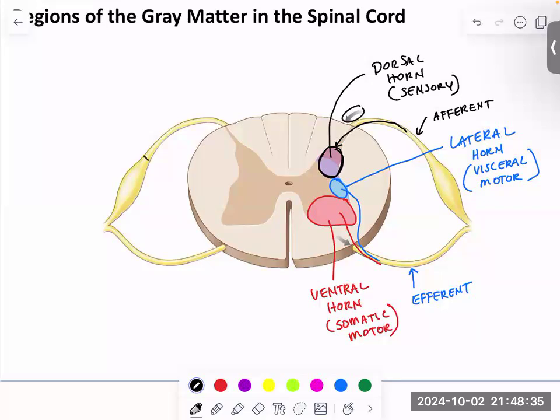This part right here is called the dorsal root. It is rooted to the spinal cord. It's like a root coming off of the spinal cord. This one in the front, all the way, is the ventral root. And then there's this bulge.